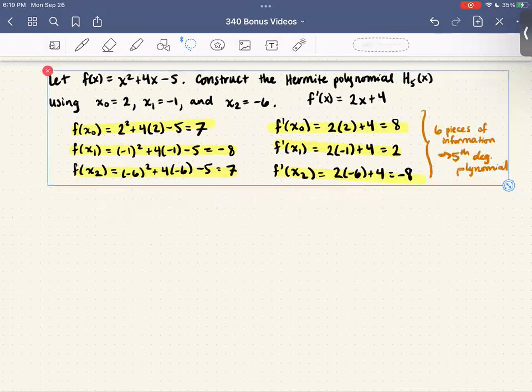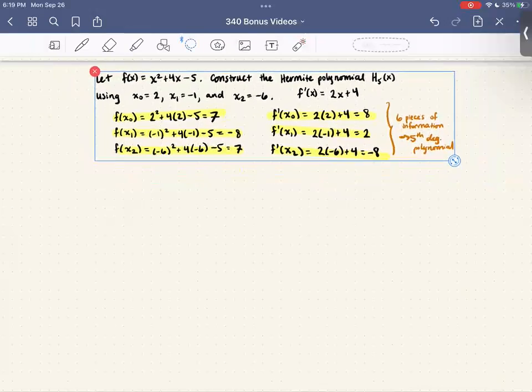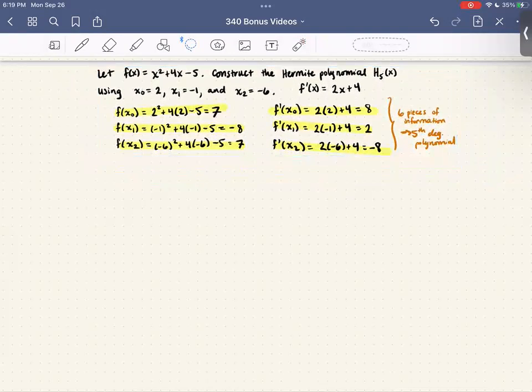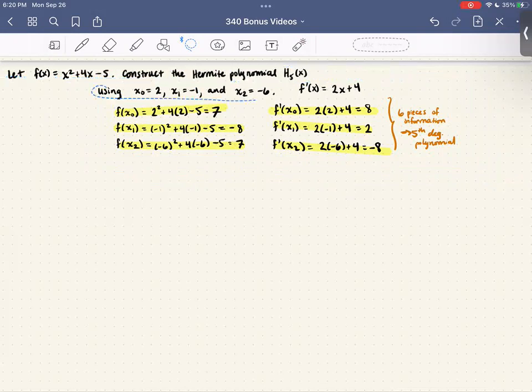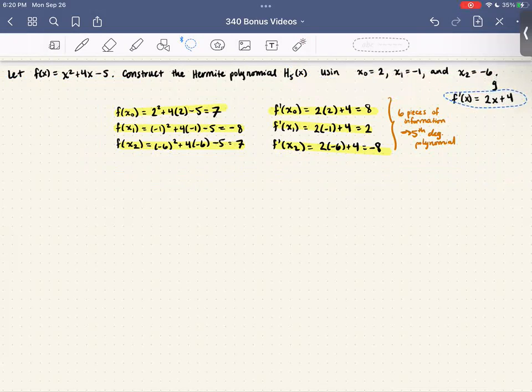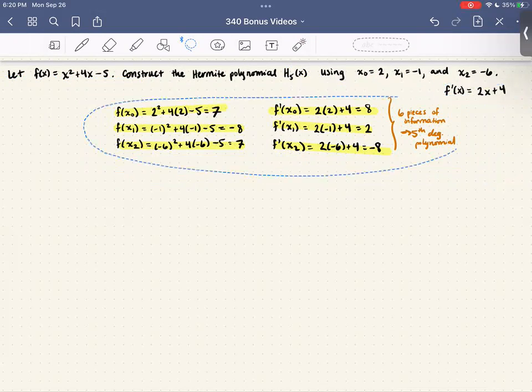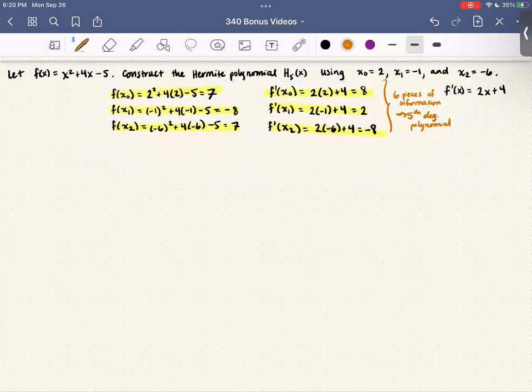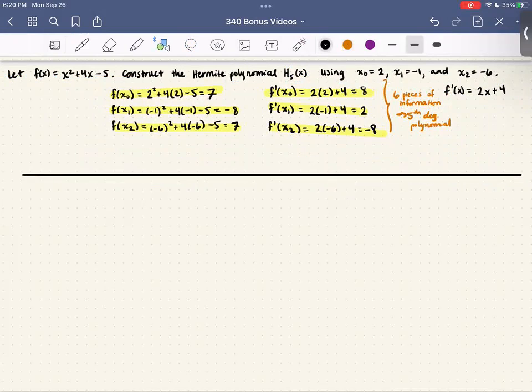Let me make this a little bit smaller so that I can fit the whole table on here.